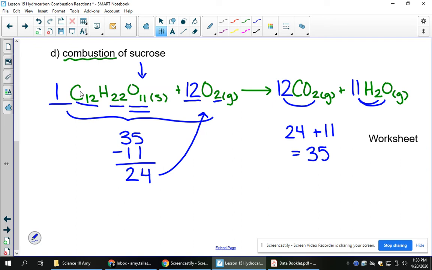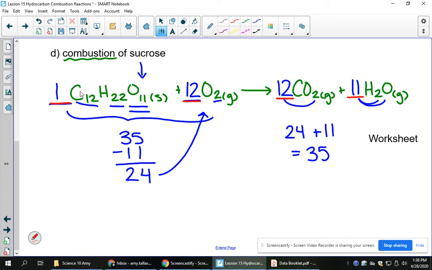One other thing that I want to mention, not a lot of students are doing this, but I did see it, is your numbers in front. You want them to be as simple as they can be. So this question is perfectly fine. 1, 12, 12, and 11, they don't all divide by something.